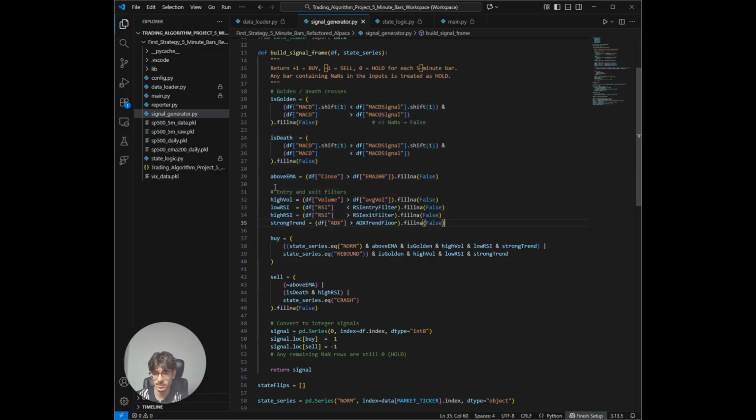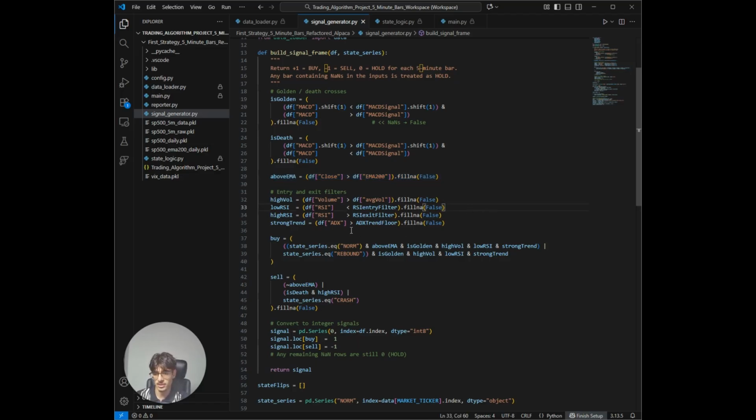Now these simple signals are then heavily filtered to improve accuracy. Each potential buy is only accepted if several other additional conditions are met. For example, we would want the price to be trading above the 200-day exponential moving average, which means that the stock is in a long-term uptrend.